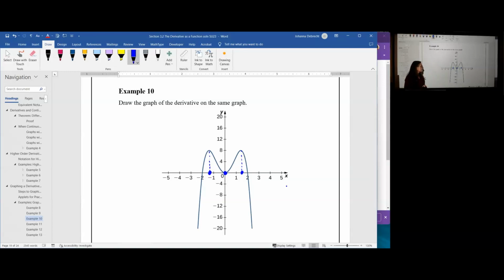Now, when I look at this, I notice it's very steep and positive, and then it decreases to 0. Very steep and positive, and decreasing to 0. Then it goes a little negative, more negative, and then it changes the curvature. Let's locate that change in curvature and say it's there and there.